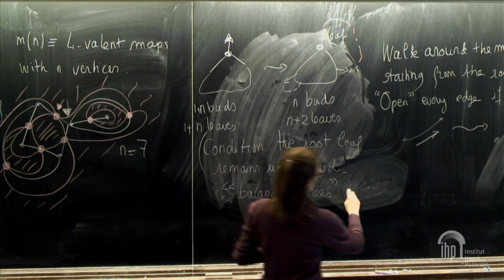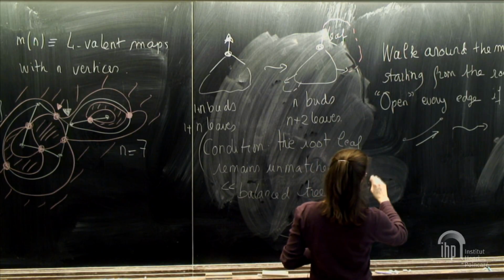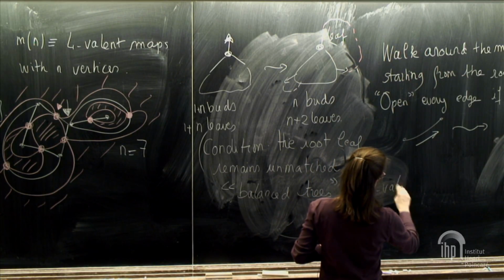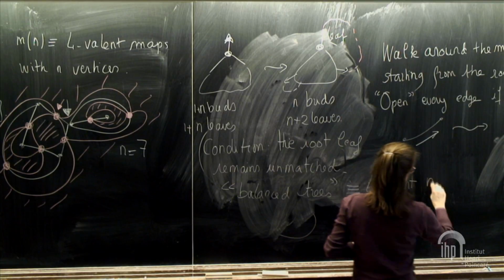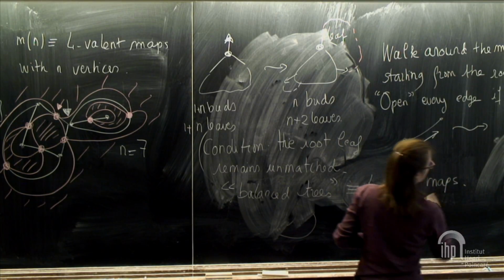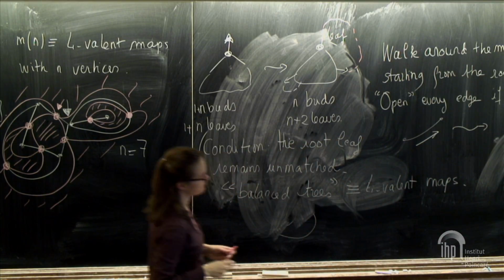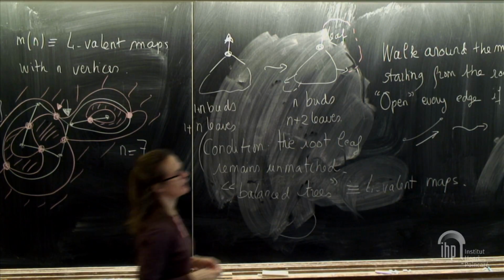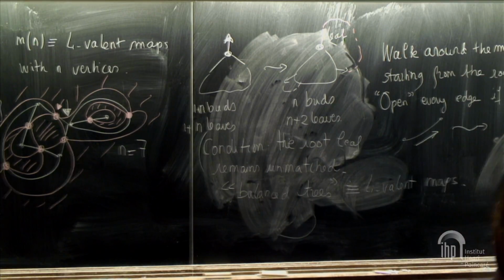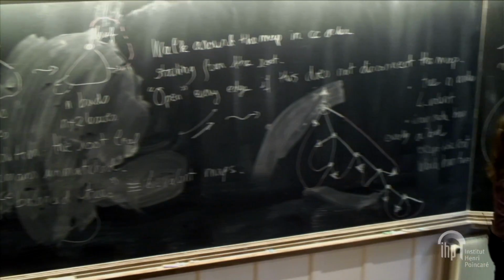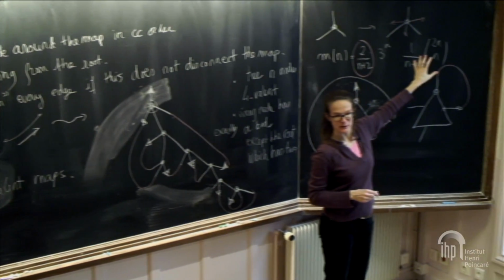And these are the ones that are in bijection with the 4-valent maps. And so this is why the number of maps is not exactly 3 to the n times the number of binary trees.